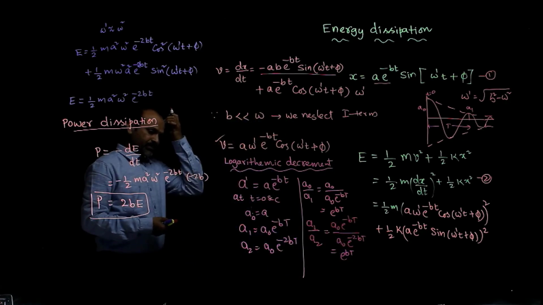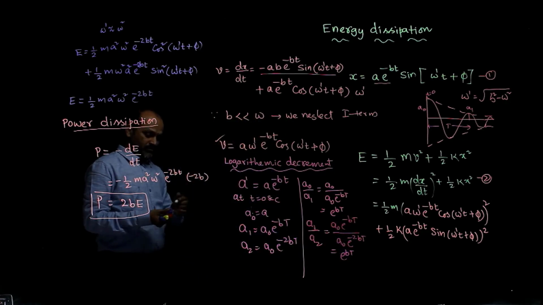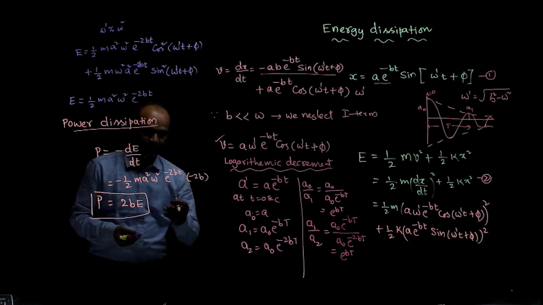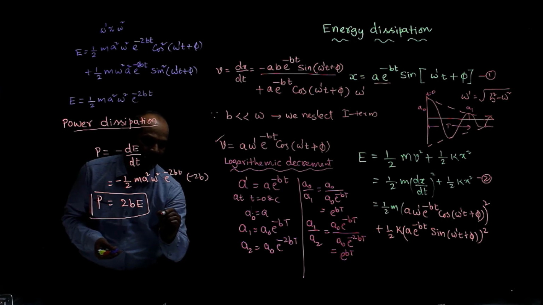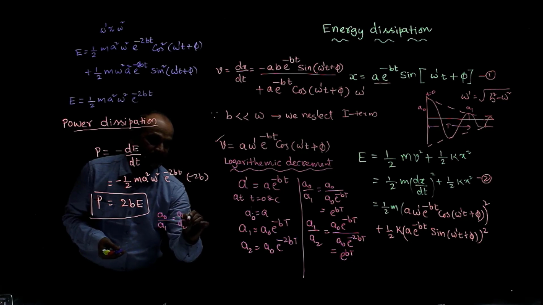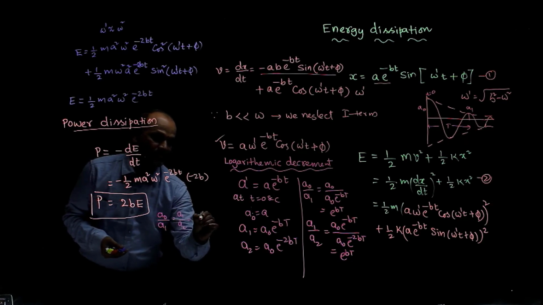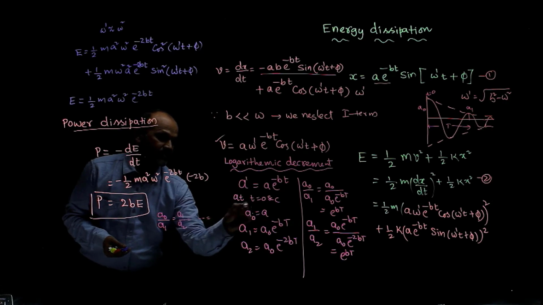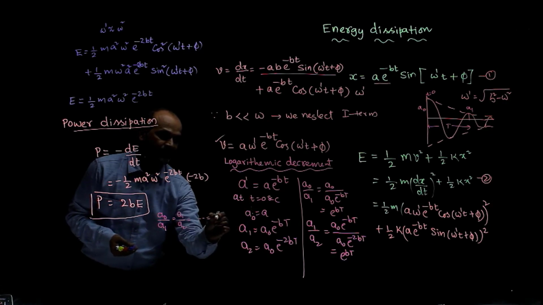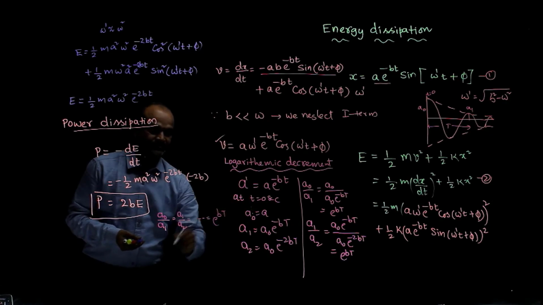So if you take the natural logarithm of those things, finally you will get A naught by A1 is equal to A1 by A2 is equal to A2 by A3, and so on. What do we get? e power bT, right?